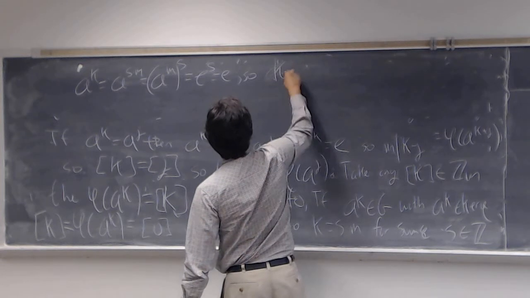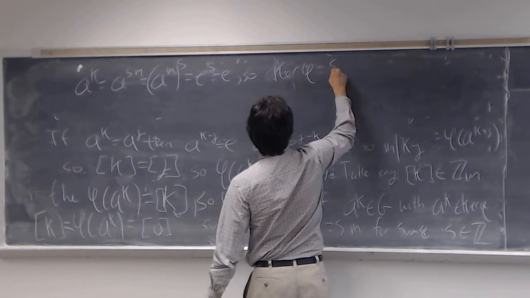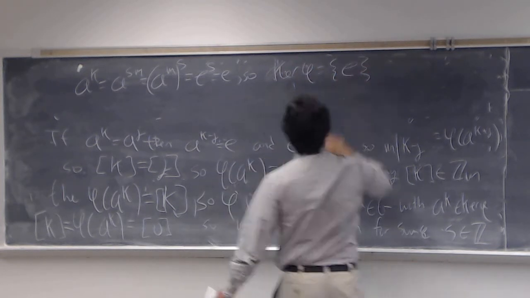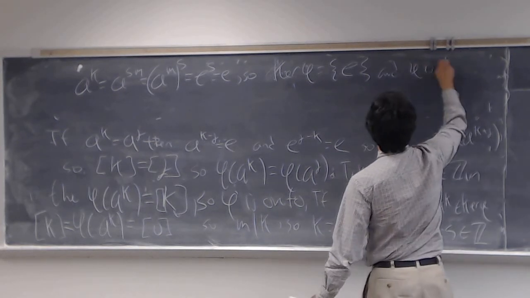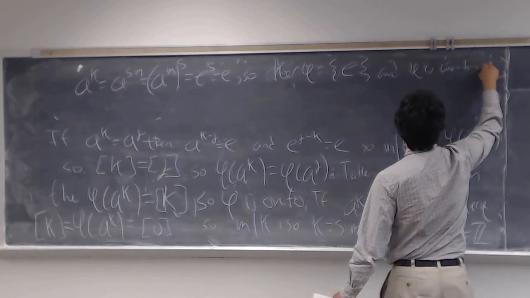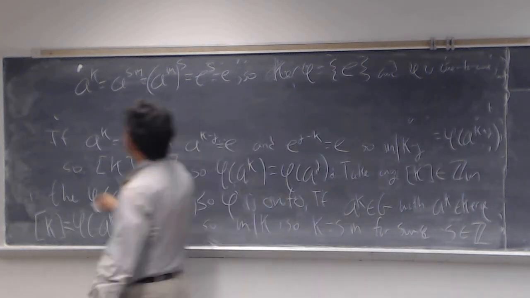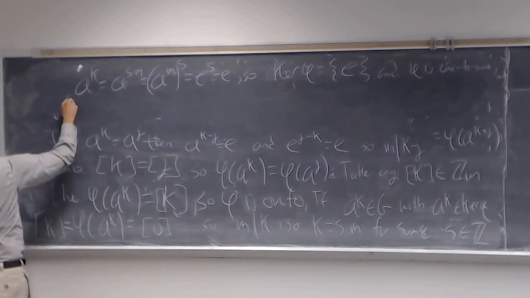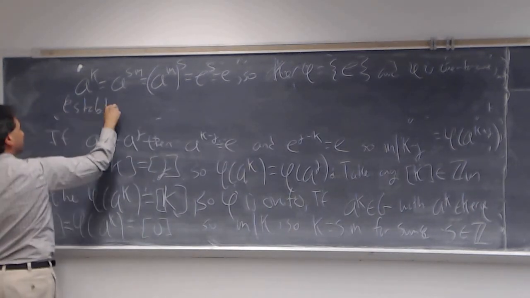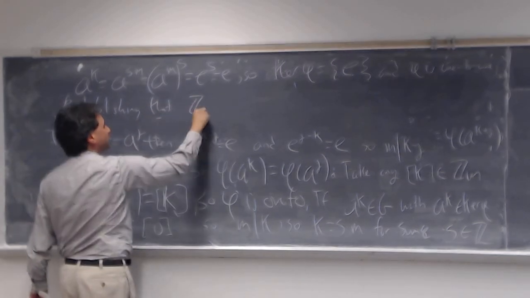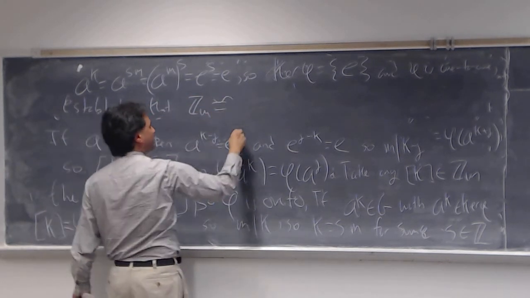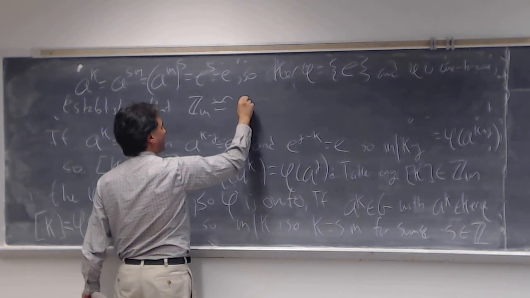Really that shows us the kernel of phi is contained in, and therefore equal to, the identity. And phi is 1-1. And that's an isomorphism, so establishing that the integers mod m are isomorphic to every cyclic group of order n.